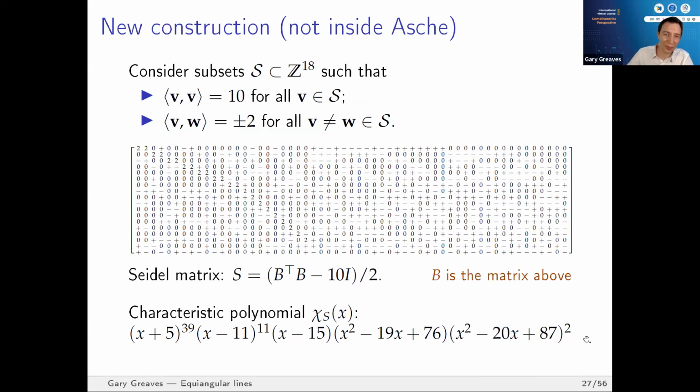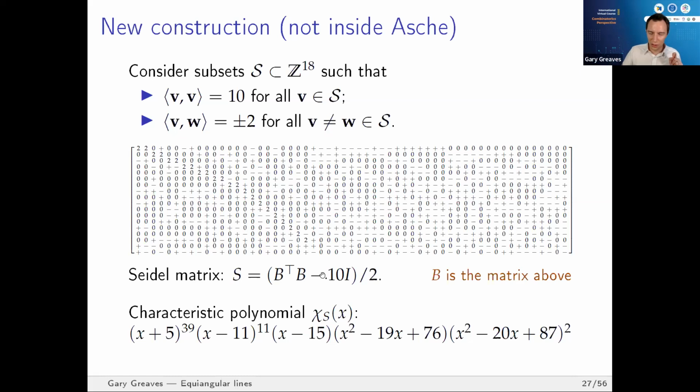And this is the characteristic polynomial of this Seidel matrix. Here you see the smallest eigenvalue is -5, and the multiplicity is 39. And the rest, there's 18 other eigenvalues. So the corresponding equiangular lines live in 18 dimensions, and there are 57 of them.